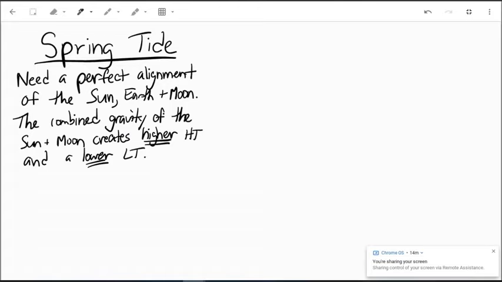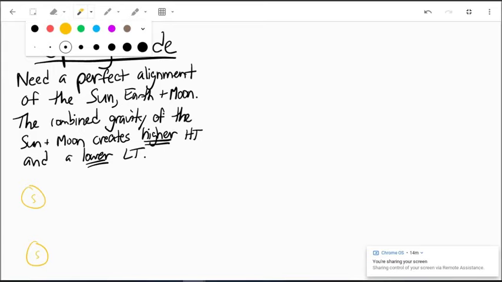So you get a perfect alignment. The sun and the earth relatively are going to be in the same spot.